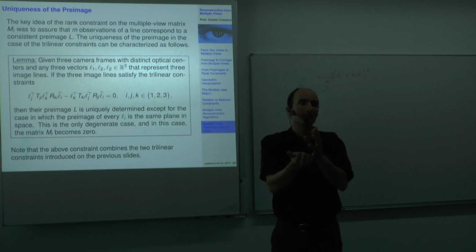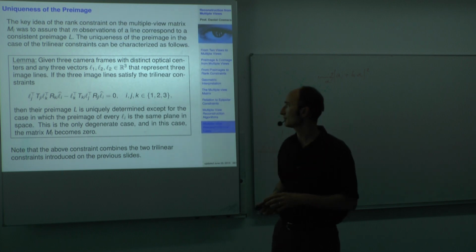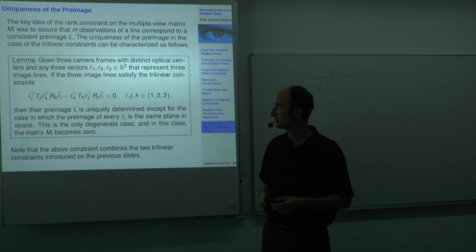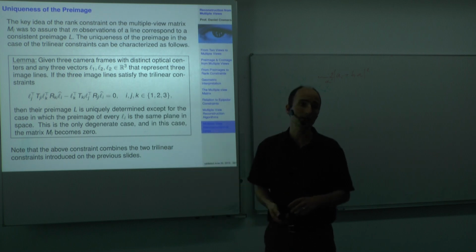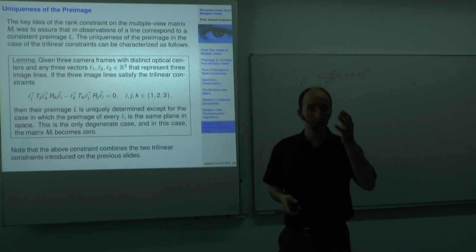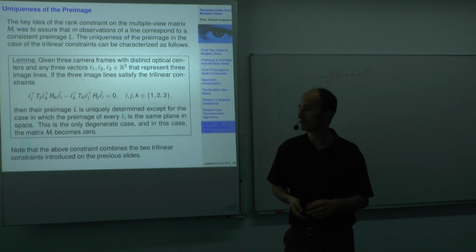If I move in that plane with my camera, then all observed lines are going to define the same plane. But as I said, that typically is a degenerate case. In that case, actually, the multiview matrix becomes 0 and its rank is 0. So there is a pre-image, but it's not unique.